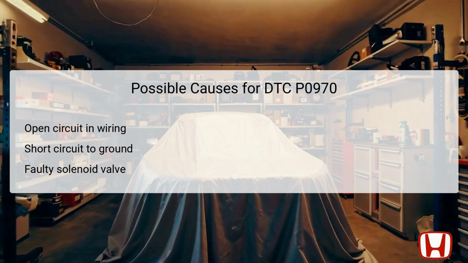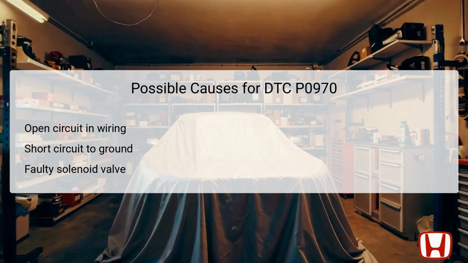An open circuit in the wiring leading to the AT clutch pressure control solenoid valve C may occur due to damaged insulation or broken wires. A short circuit to ground implies that the electrical connection has somehow been compromised, allowing currents to travel through unwarranted paths.